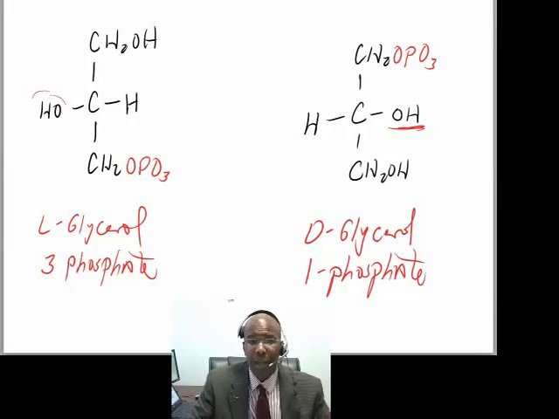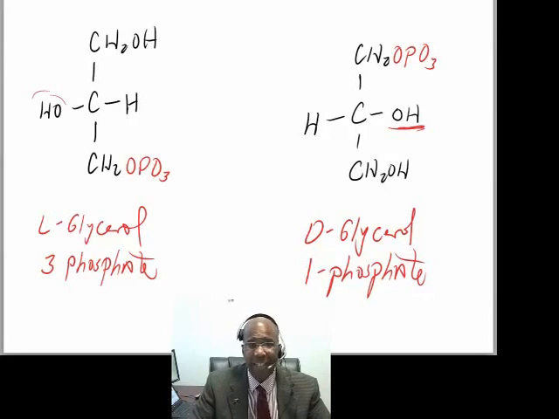But because the parent compound was achiral, it was completely symmetrical. There was no numbering system already established. And so the same molecule you can name as an L compound, L-glycerol 3-phosphate, or as a D compound, D-glycerol 1-phosphate. And so this is the problem with glycerol.